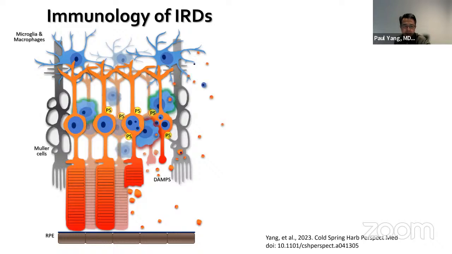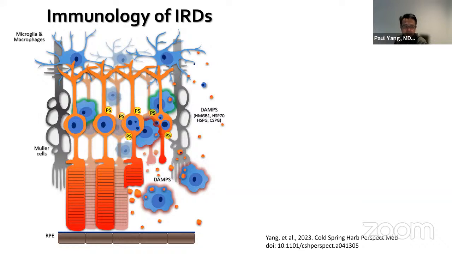And phosphatidylserine, PS, is expressed on stressed photoreceptors, which are likely acting in concert to trigger microglial activation, as well as activation of bone-derived macrophage infiltration.